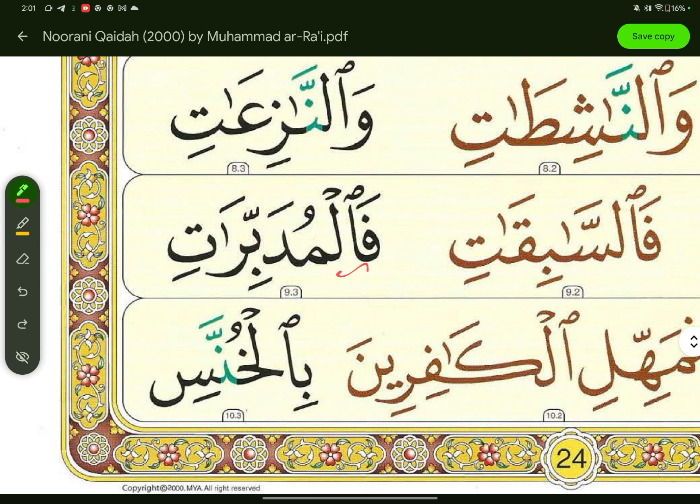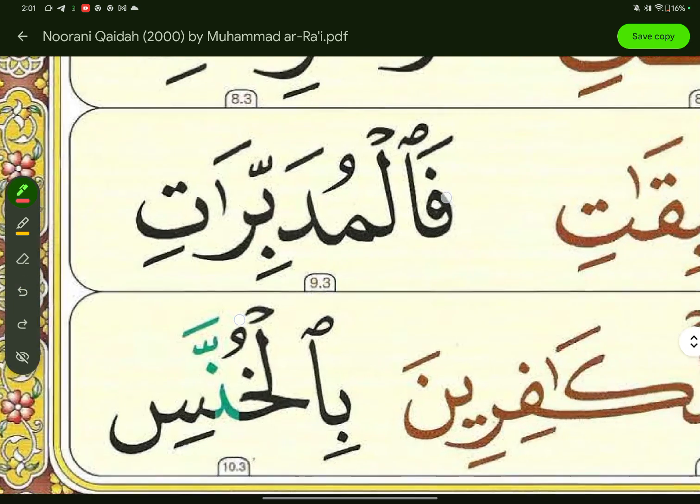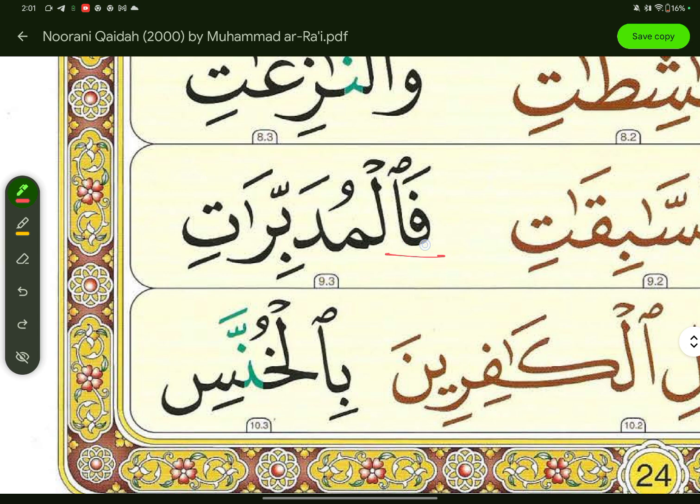Let me help you here with this one. So the first part, fal. Alright, and then mu. So we have fal mu da, and then fal mu deb. B. Fal mu dab. B. Because it's fal kasra, mu dab.